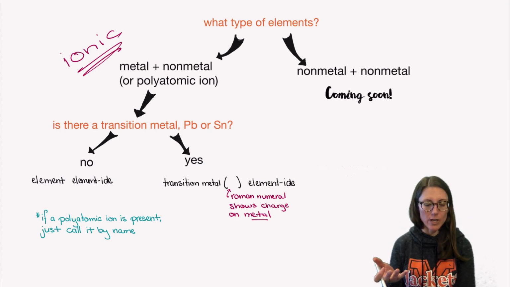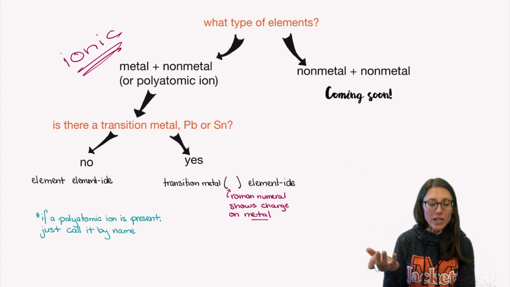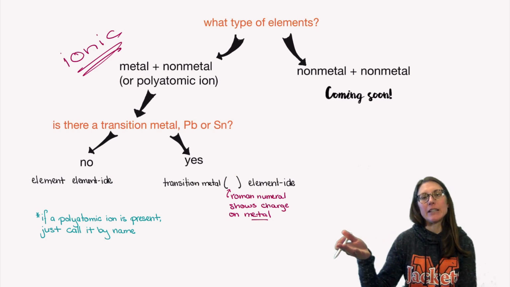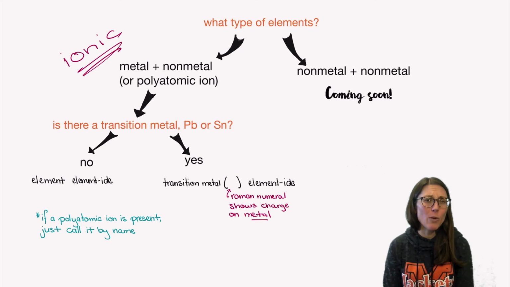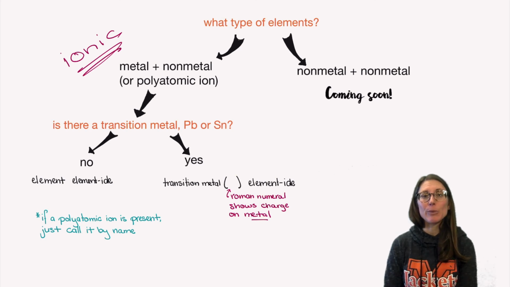And those are the most common ones. If the answer is no, sweet. Just element, IDE. If the answer is yes, make sure you include the Roman numerals so someone can figure out what the charge is for your compound. And then as a last little piece, remember, if you have a polyatomic ion, you just plug its name in, which means you have to know your polyatomic ions. So if you haven't memorized those yet, get on that for me.